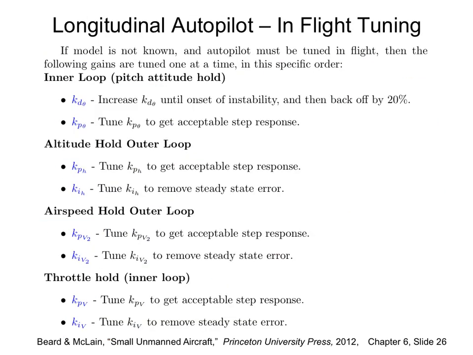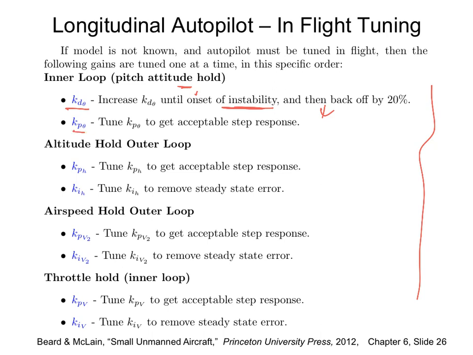So that's the summary of what the design parameters are. Then, tuning: this is a standard tuning approach, similar to what we discussed before. For the inner loop, you increase Kd up to the point where it becomes unstable, the boundary of instability, and then you reduce it back to 20%. That's the Kd theta.